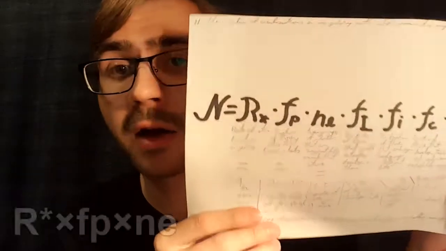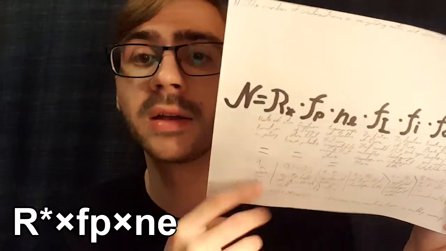Next we have Fp times Ne, and Ne would be the number of these planets that actually have habitable zones in them, so habitable conditions. Again, I've said this many times, I think we as humans are restricted in our thinking, in the sense that we think that life is only possible to arise on planets where liquid water is available.